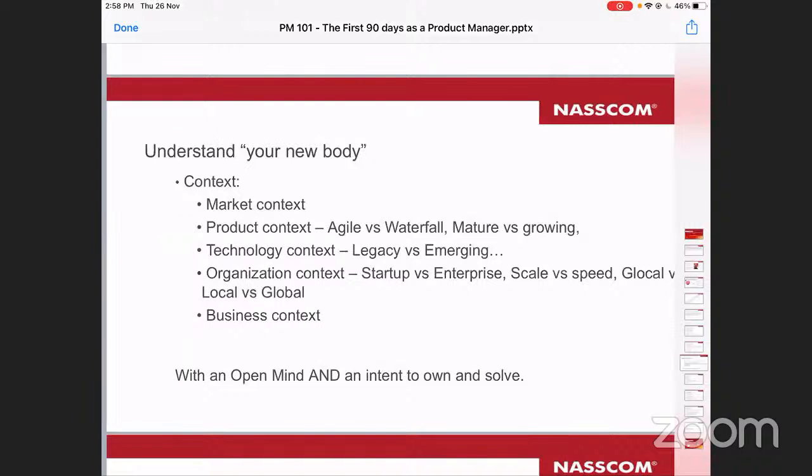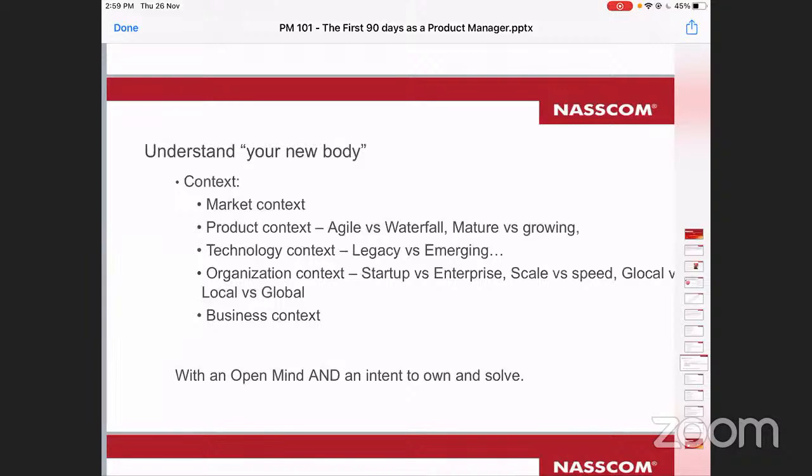When I say understanding, I mean awareness of what's going on in the technology context, because a product built in a legacy stack and in a mature mode would have a priority of protecting the core, protecting my key customers, and ensuring this is working. Versus a brand new emerging context where you still don't know if the technology is even viable for the product market fit you're trying to get to, and you are experimenting with that technology. Then as a product manager, how you behave and what you do with the product is fairly different. So it is very important to understand the context.